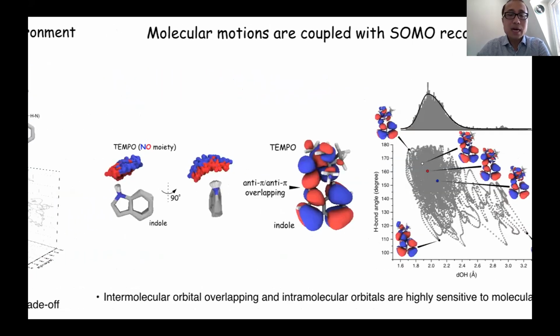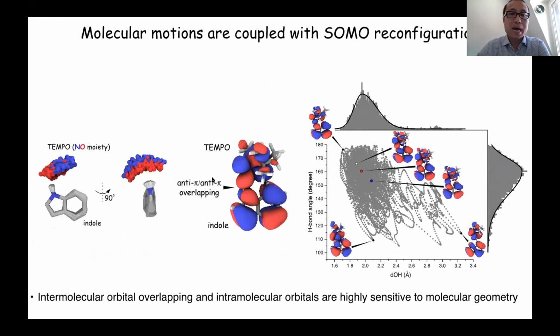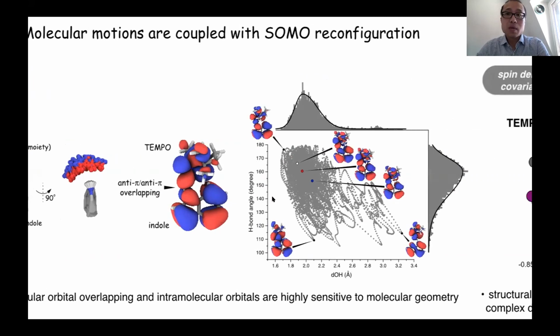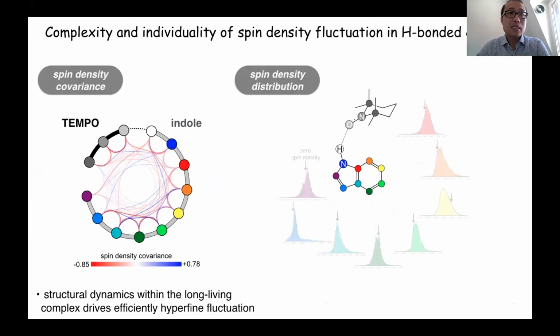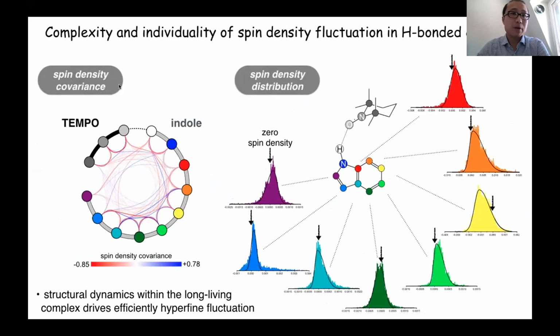Obviously, this kind of structural rearrangement would tune the anti-pi orbital overlapping between the TEMPO radical and the substrate molecule, where the electron spin density actually sits. This in turn would tune the spin density on different indole carbons. By analyzing the spin density of these carbons, we can calculate the covariance matrix or the distribution. We actually find a kind of individuality of all these fluctuations on different carbons.